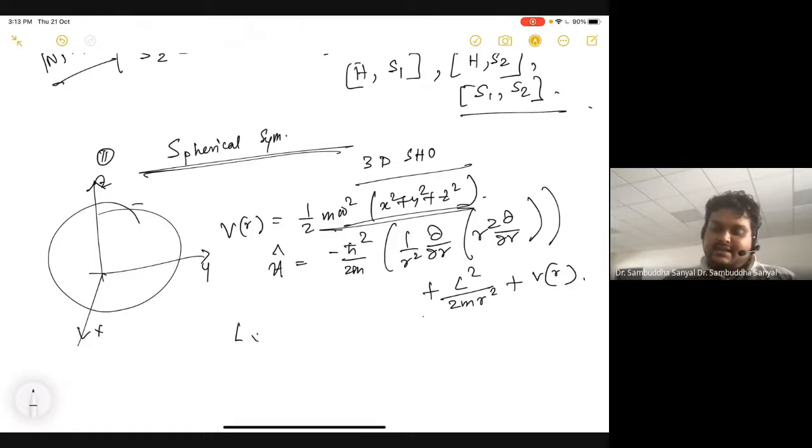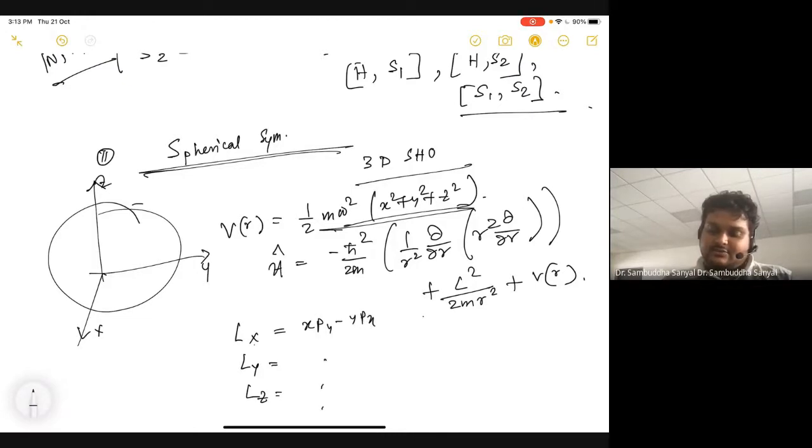And you will see that there are 3 angular momenta you can define. Earlier you had only one angular momentum, which is Lz, because the problem was symmetric with respect to the z axis only. Now it is symmetric with respect to the x, y, and z axes. Then Noether's theorem tells you there must be 3 angular momenta. This is x p_y minus y p_x and so on.